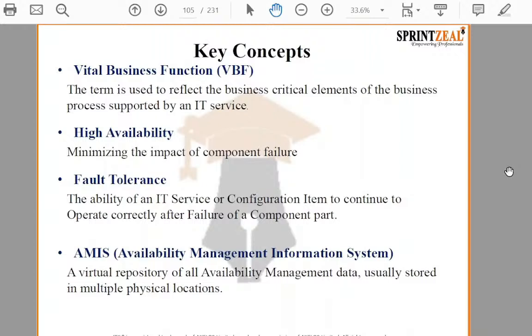Fault tolerance is the ability of an IT service or configuration item to continue to operate correctly after failure of a component part.